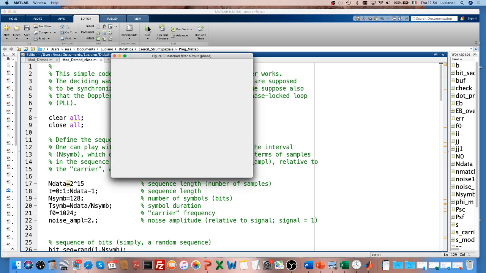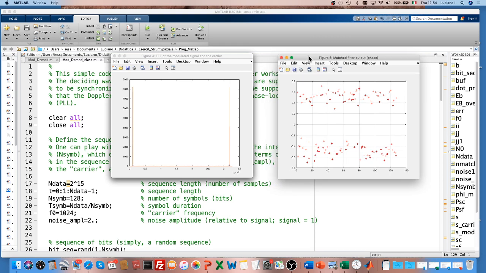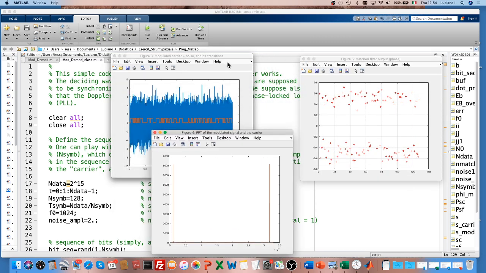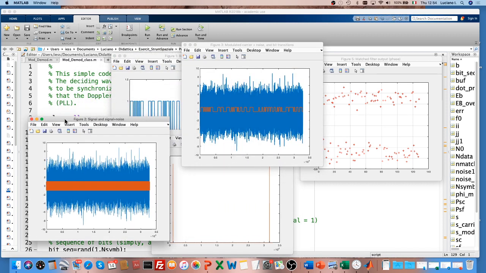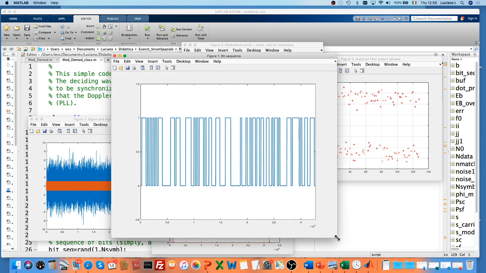Okay, so I run the code and I see a number of interesting things. First of all, this figure here, figure 1, that I hope you can see, I can also magnify a bit, contains the bit sequence that has been generated by the random function.